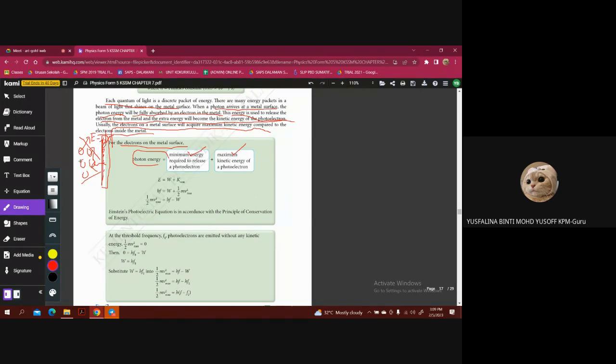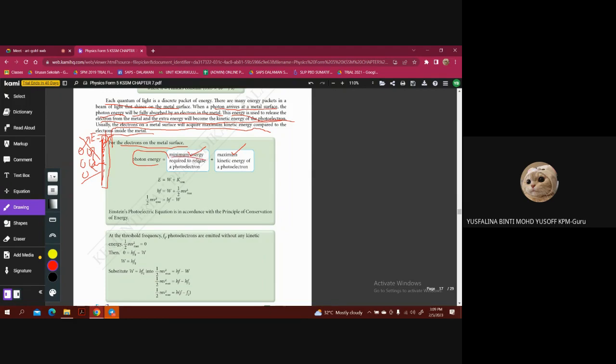They only need the minimum, remember they emit instantaneously. As long as they can overcome the threshold frequency, that is, the frequency of the light hitting the metal is more than the threshold frequency, it will emit the photoelectron.